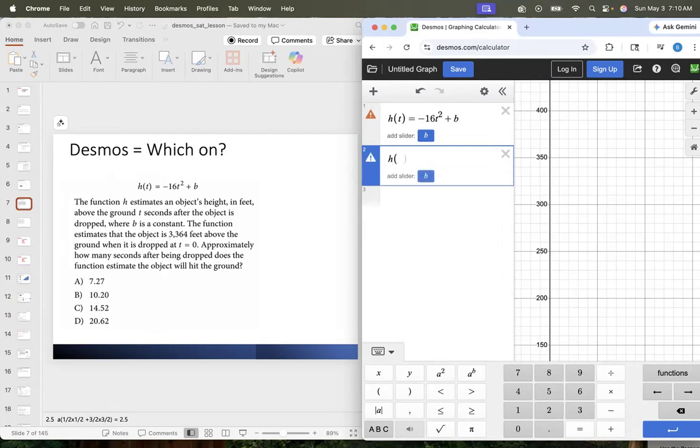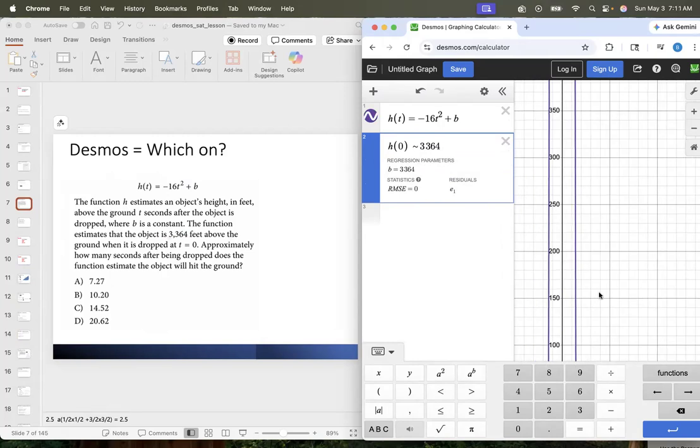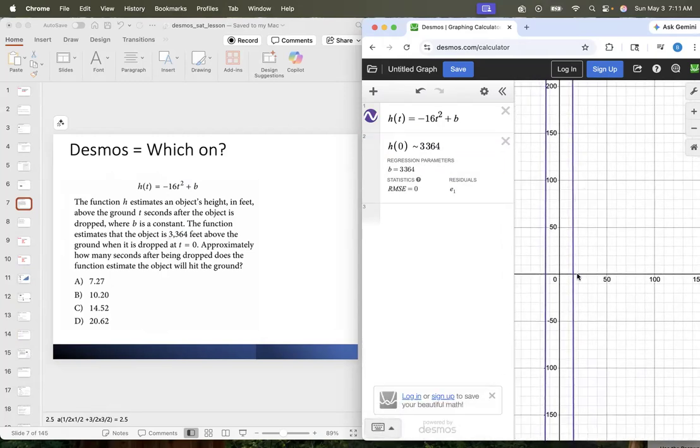When h of 0, this is what we have, regression, right? We have the height 3364. And therefore, Desmos is telling you b is equal to 3364. That's the constant, right? And therefore, you look at the graph and you say, oh, the only way this is going to hit 0 is at this time, 14.52. But if you don't know when it hits 0, it's a problem.